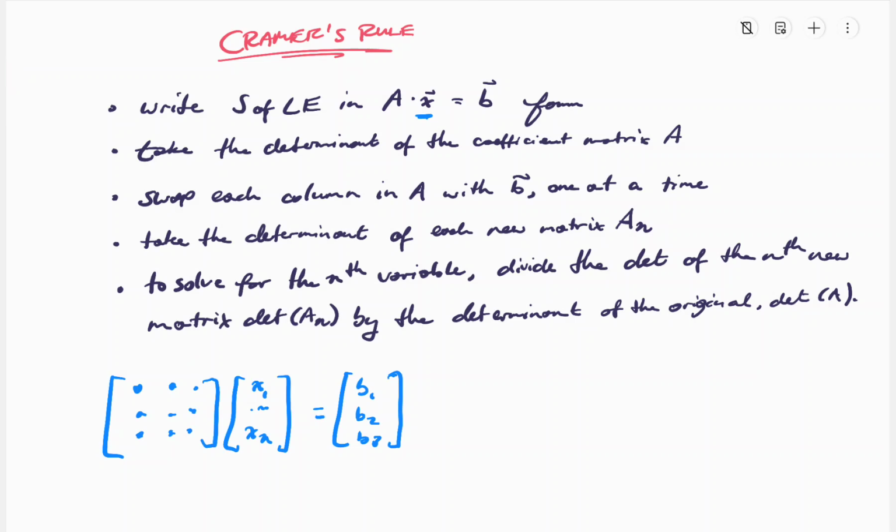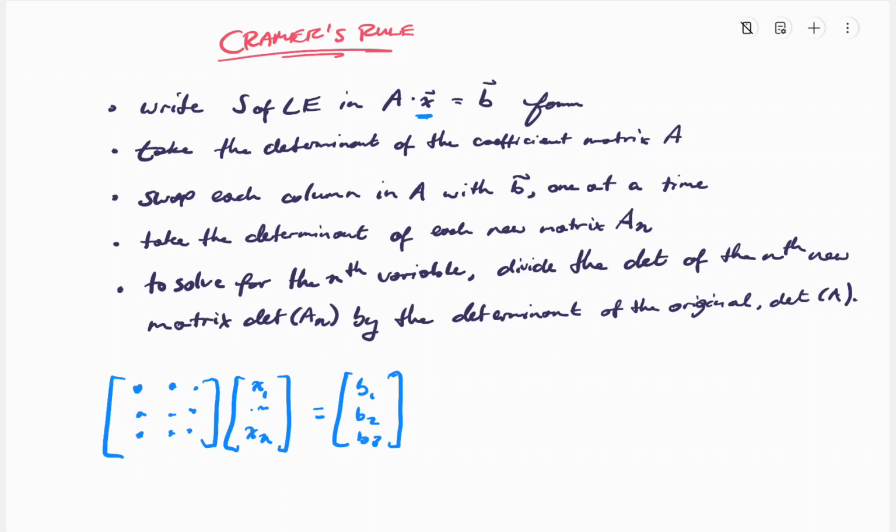Hopefully the determinant exists, and then you're going to swap each column in A with the numbers in B one at a time. So you're going to take b1, b2, and b3, plug them in here to replace those numbers in A, and then take the determinant.